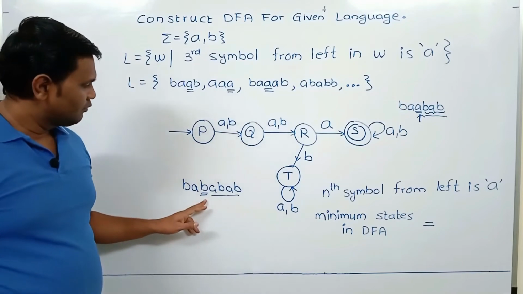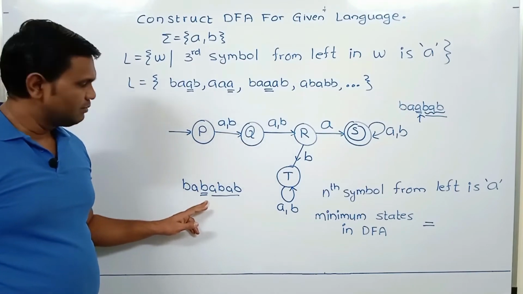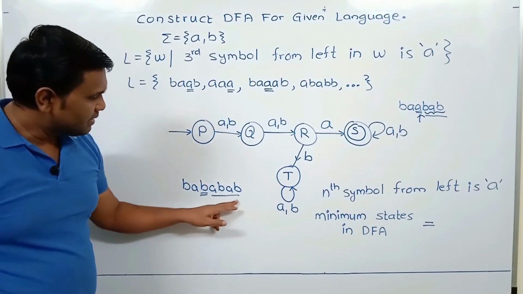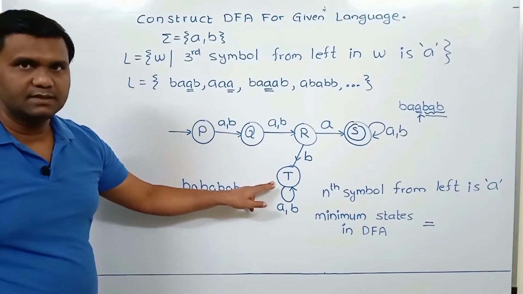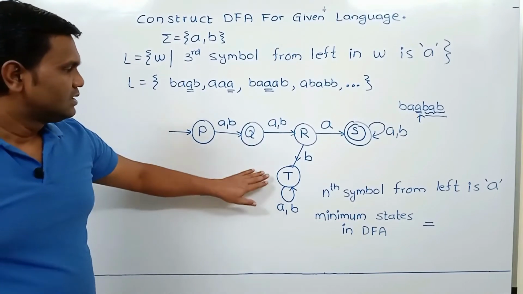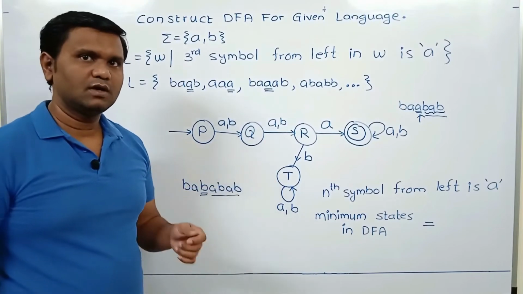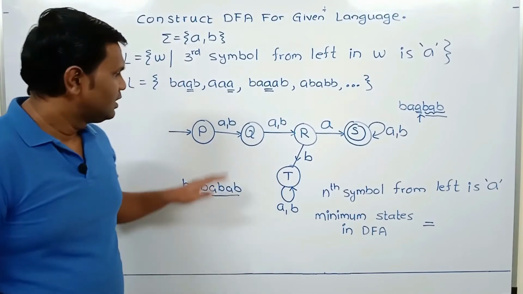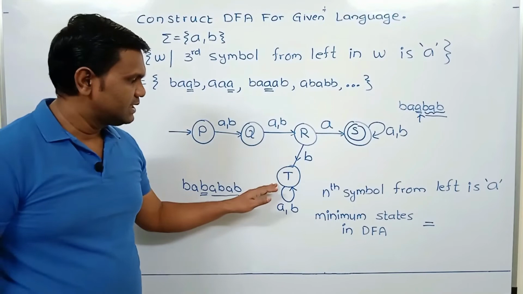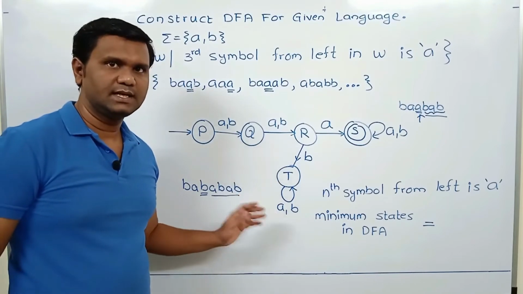Here once the third symbol from left is B, we must reject the string. So this remaining part is handled in the trap state and it is rejected. It is called a trap state or dead state. Once the DFA enters the trap state, the string is rejected.